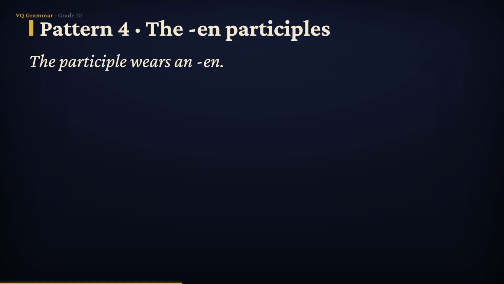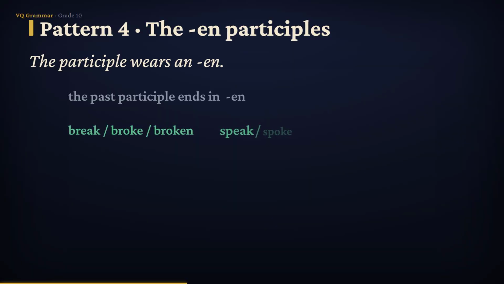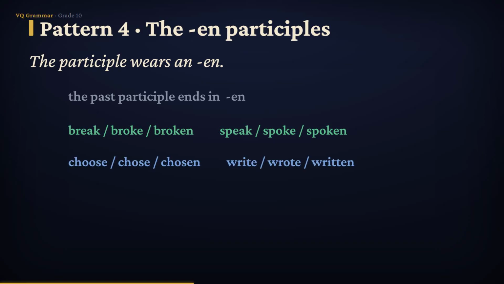Family 4 is easy to spot because the past participle ends in en. Break, broke, broken. Speak, spoke, spoken. Choose, chose, chosen. Write, wrote, written. Take, took, taken.